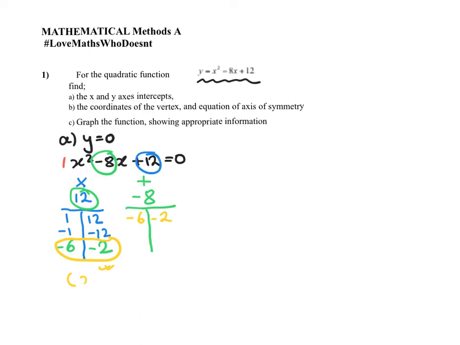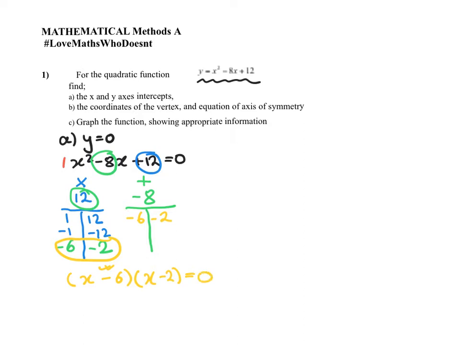The next step is to rewrite the equation, factorized: (x - 6)(x - 2) = 0.